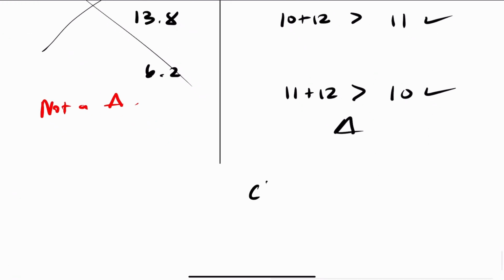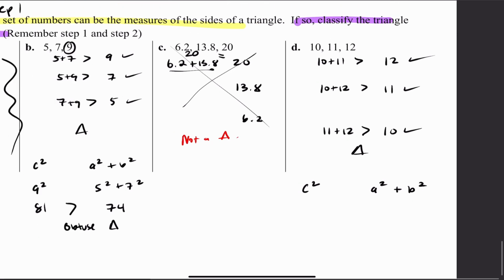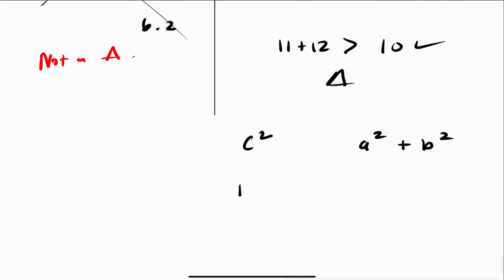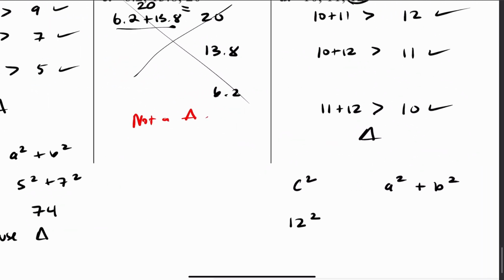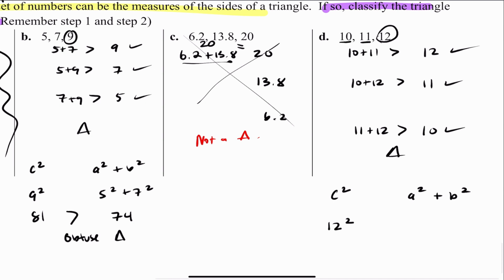So write c squared on the left-hand side, and on the right-hand side, you write a squared plus b squared. c should be 12 because that's the longest side, and your a and b are the ones that are not 12.